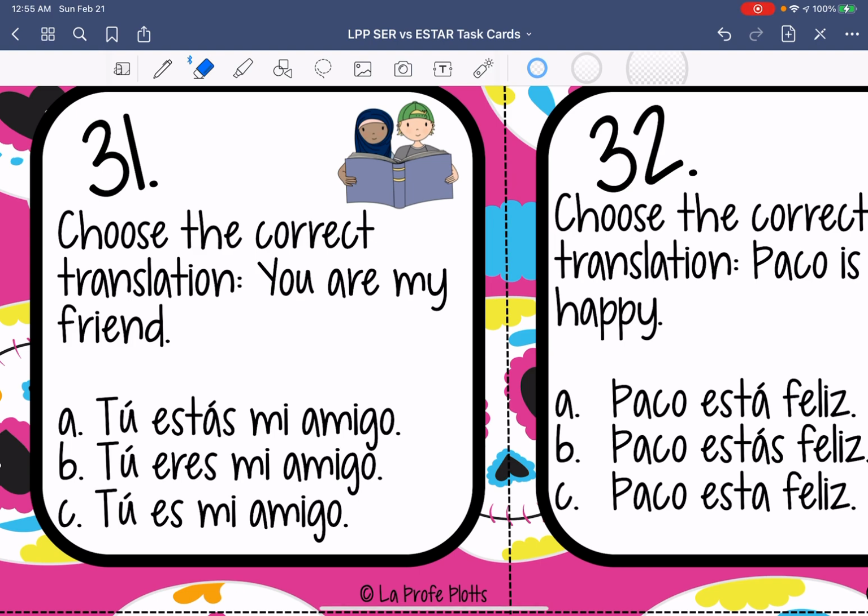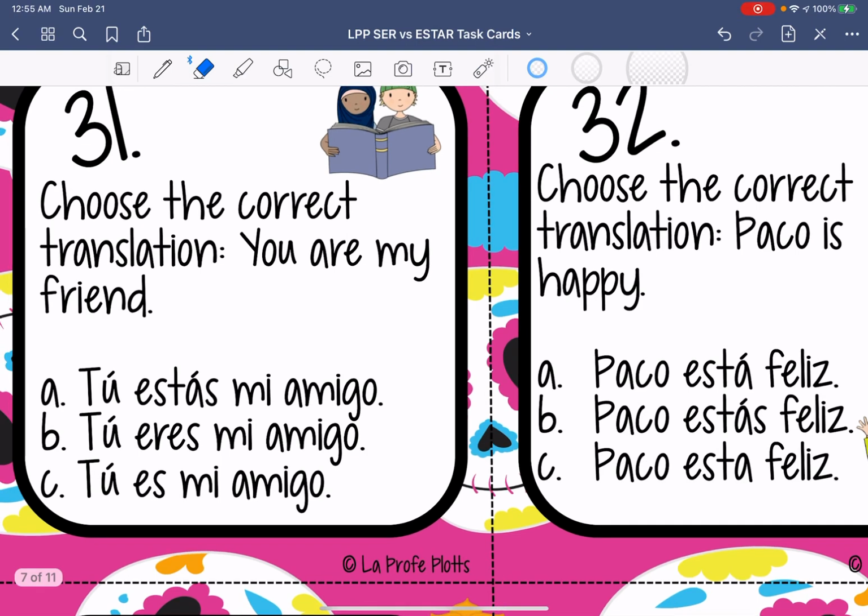You are my friend. A, tú estás mi amigo. B, tú eres mi amigo. C, tú es mi amigo. You're going to type A, B, or C.